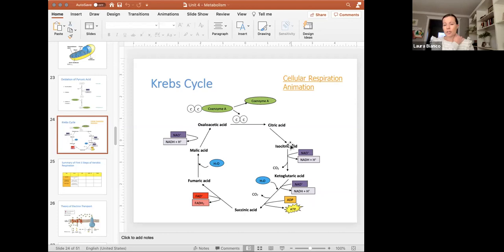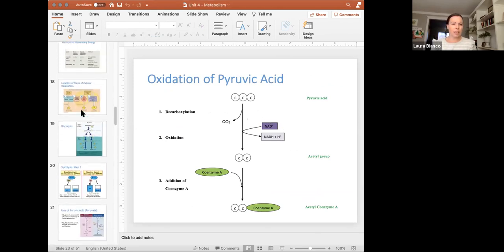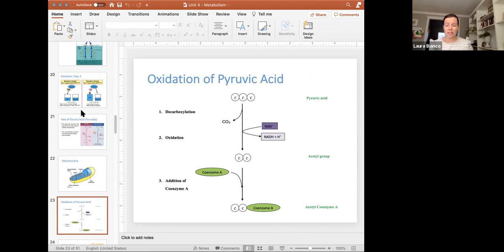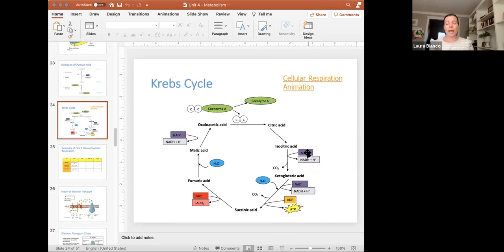The coenzymes are shown in purple. Just like before, we saw NAD before here, and we had NAD in glycolysis as well, getting reduced. So we have 3 of these that get reduced.